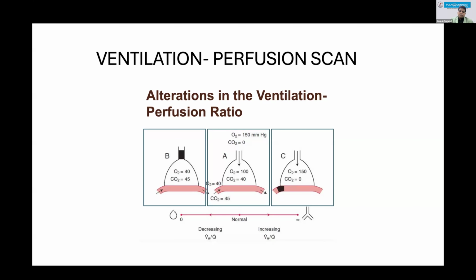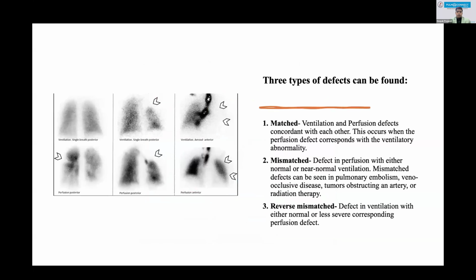But if there is a defect in the ventilation, as in image B, and the perfusion, the circulation, is normal, then in such conditions there is a decrease in the ventilation perfusion ratio. And if there is an obstruction in the circulating pathway but the ventilatory pathway is normal, then in such conditions there is an increase in the ventilation perfusion ratio. So with this basic principle, we'll go ahead.